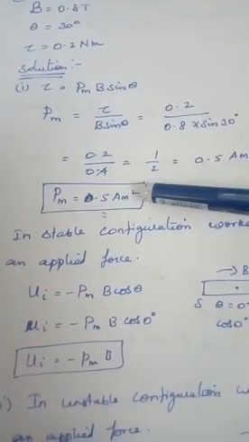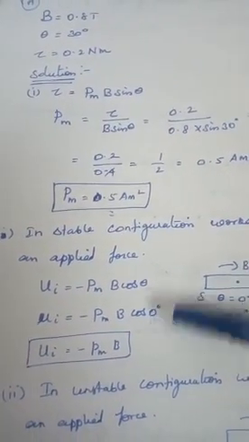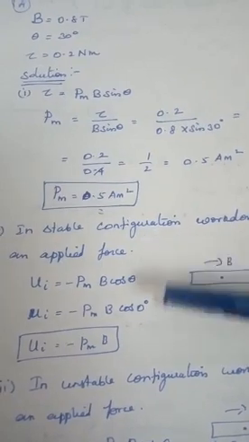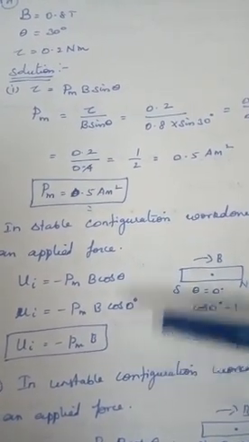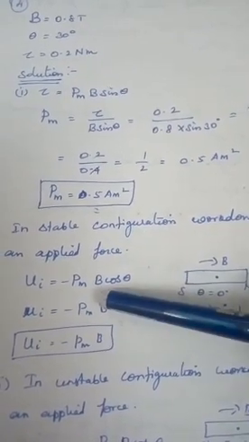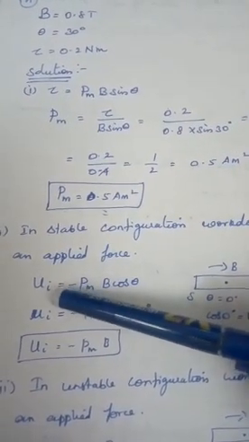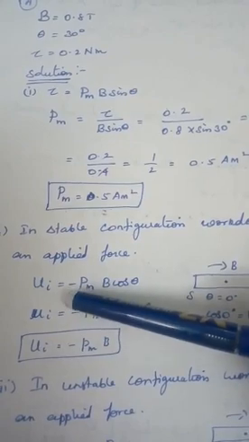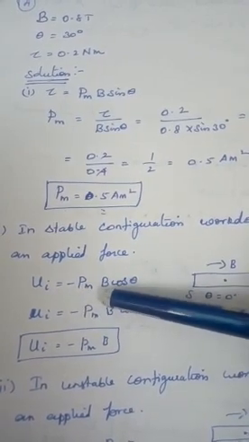Next we have to find the work done. Before that we have to find the stable configuration and the unstable configuration. First, the stable configuration. The initial potential energy UI is equal to minus PM B cos theta.